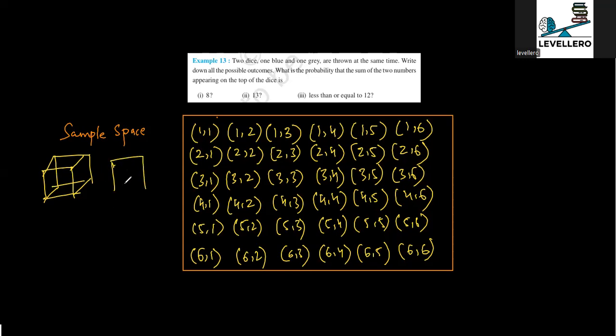So when we throw two dice like this, suppose we have 2 on the top face of dice 2, and we have 1 on the top face of dice 1. If we add these two, we are going to get 3. So this is what the question is asking. What is the probability that the sum of two numbers appearing on the top of the dice is 8?